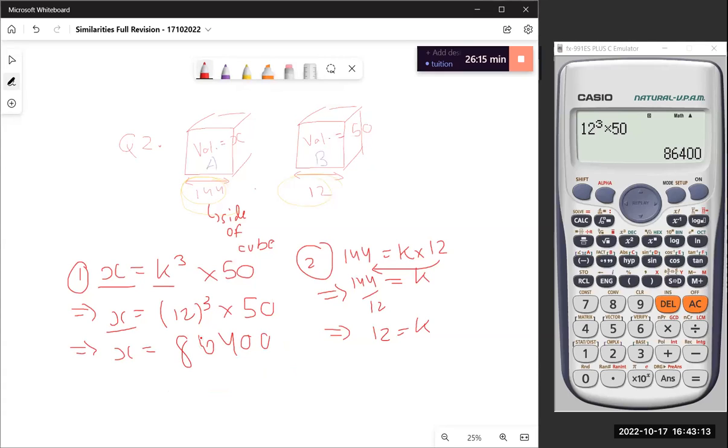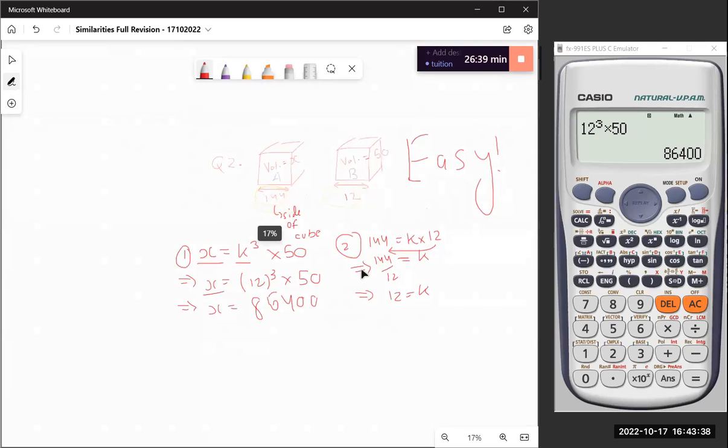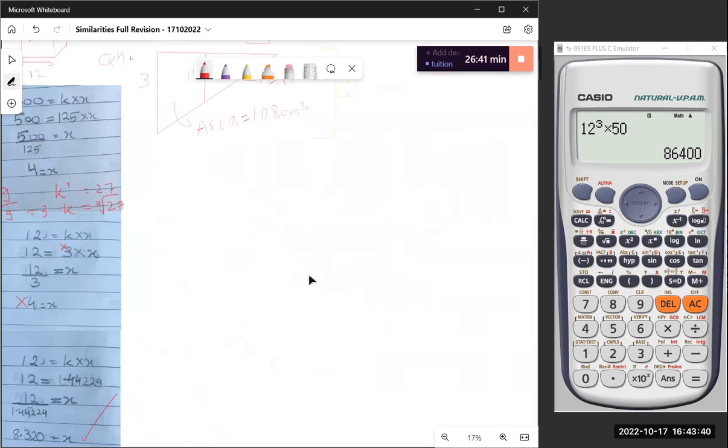Where's the answer? Try it one more time, quickly: 12 cubed into 50 in the calculator. Zahra and Safa, any doubts in this question? No, sir. Now it's easy. I got it: 86400. Got it? Yes, sir. Diana, same answer. Let's try the next question then.